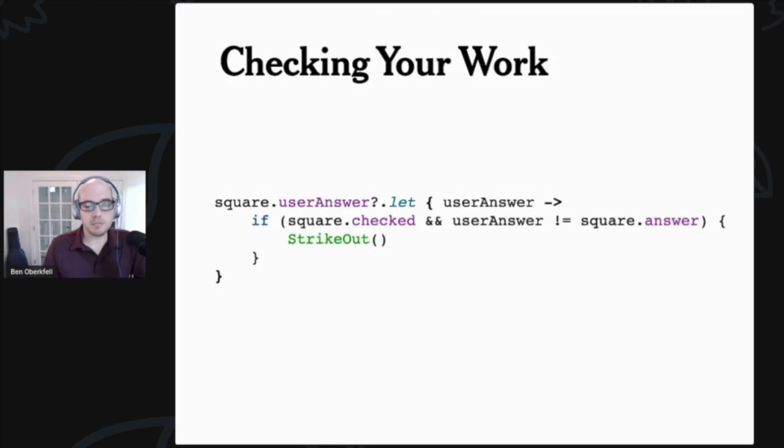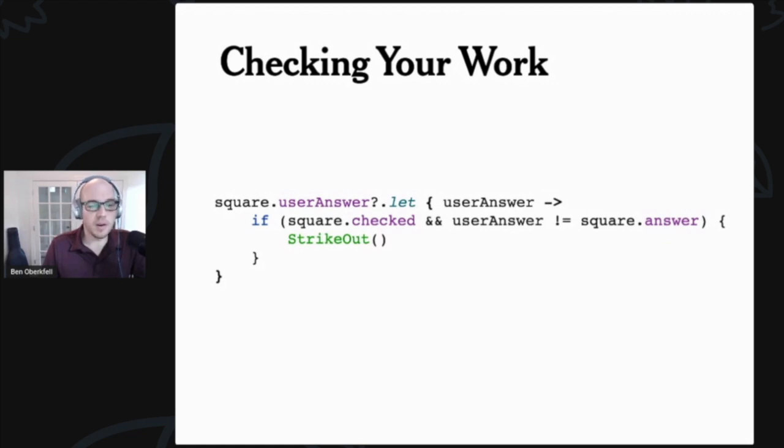So here in our stack for the letter square, if we've got an answer in that square, and if that square is checked and it's wrong, we're going to drop that strikeout into our view. That will be the last thing in the stack, and it will draw a big angry red line over the wrong answer.